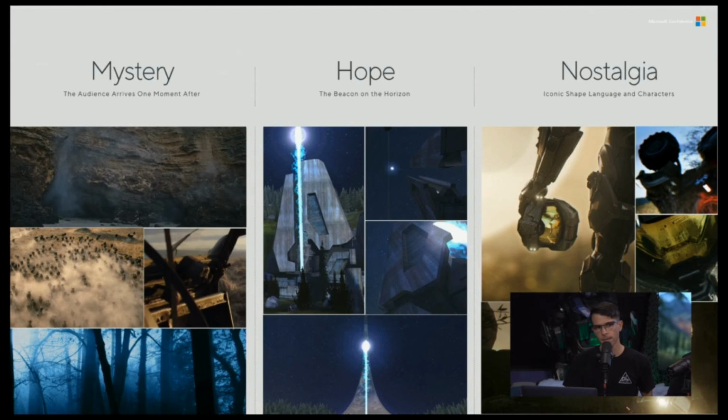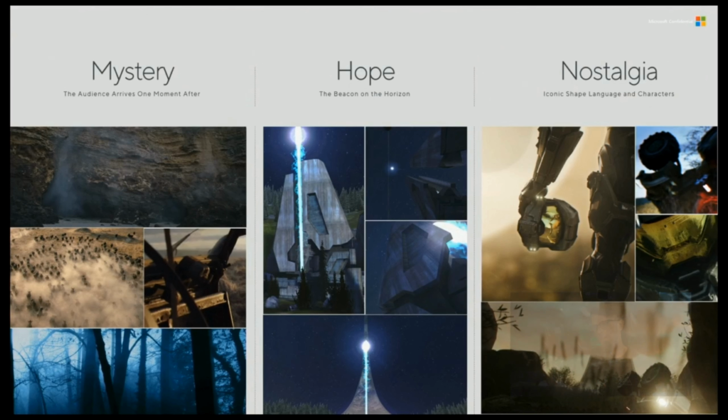Mystery being that thing of, in this example you see here, smoke coming out of a cave, which visually elicits the idea that something living must be there if smoke is coming out of that cave. Seeing relics, like in that example, a rusted out car. Again, something must have been there, but it's broken down.